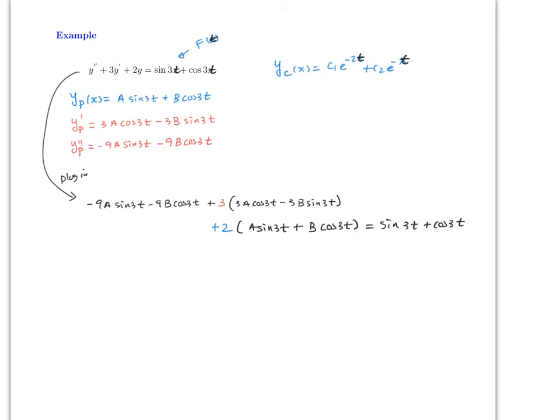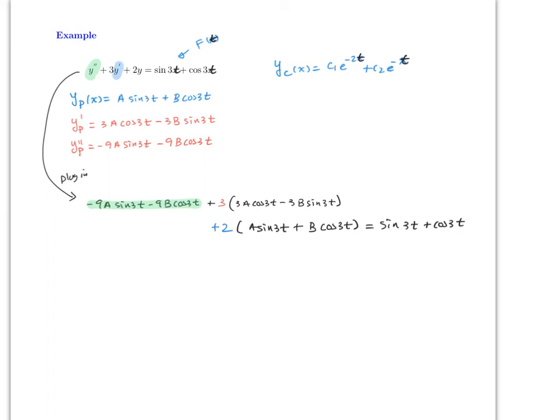All right, so from here you need to distribute. Now before we distribute and combine like terms, let's just make sure that you follow what's going on here. So y double prime is this, which is exactly this part.